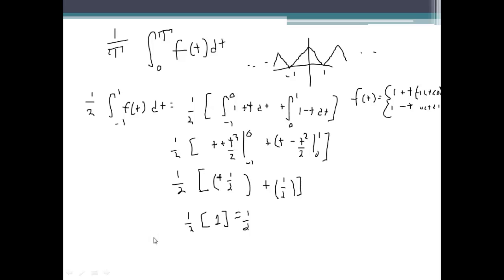So we found that the average value is 1/2. So a sub 0 over 2 equals c sub 0 over 2, which equals f sub 0, which equals 1/2. And that's how we find this DC offset, is what a lot of the professors will call it, which is just the average value of the function.